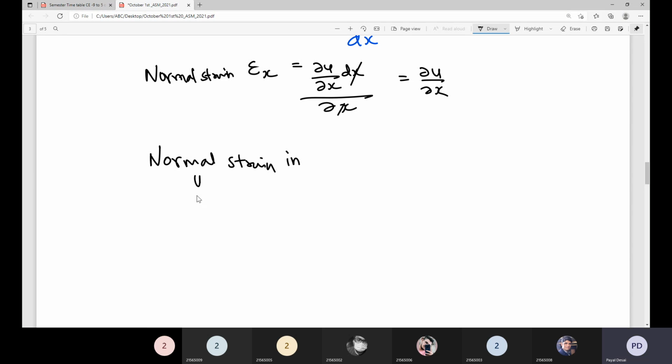So what will it be? That epsilon y. Okay, and what will be that formula, similar to this? I can't hear you.